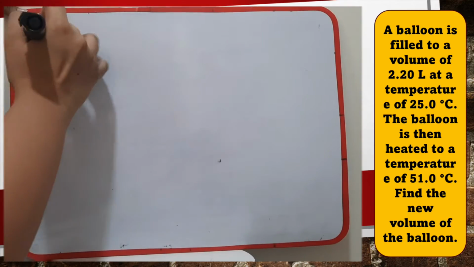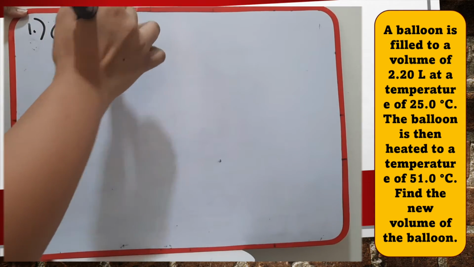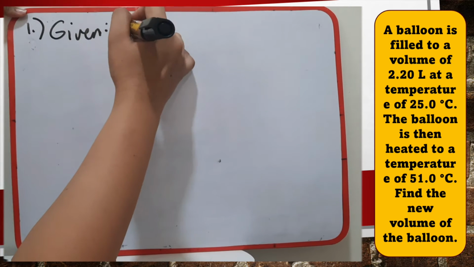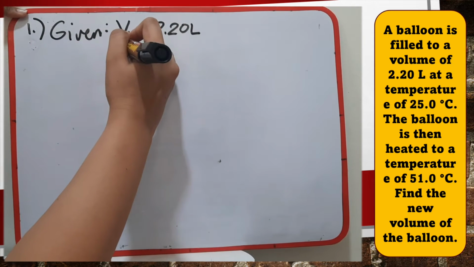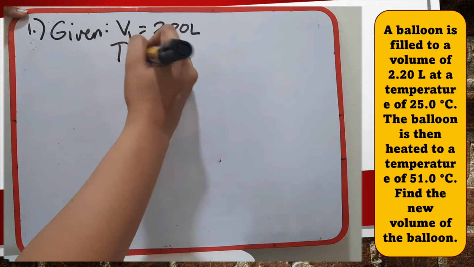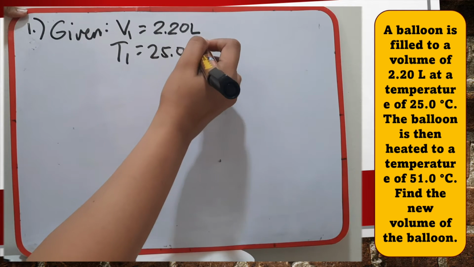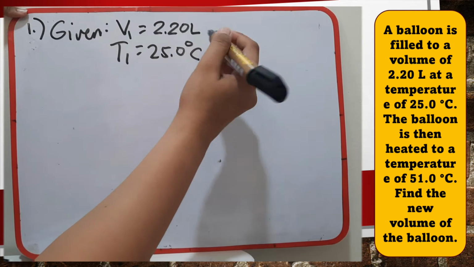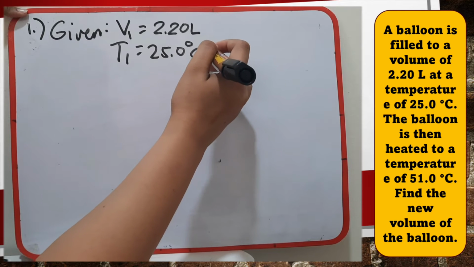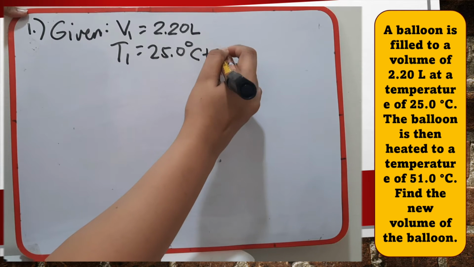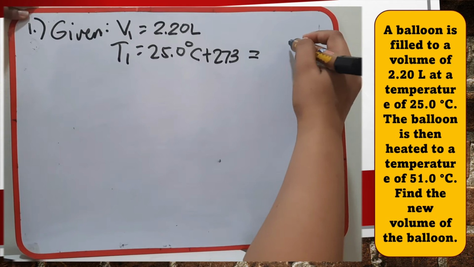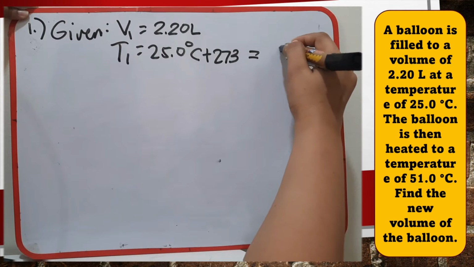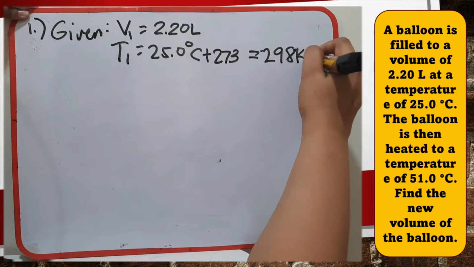For number 1, we have here the given. The given for this is volume 1 is 2.2 liters, and we have temperature 1 of 25.0 degrees Celsius. Of course, we have to convert it to Kelvin, so plus 273. It will be 298 Kelvin.